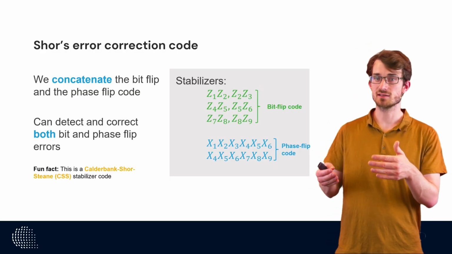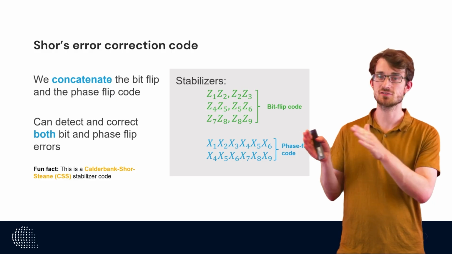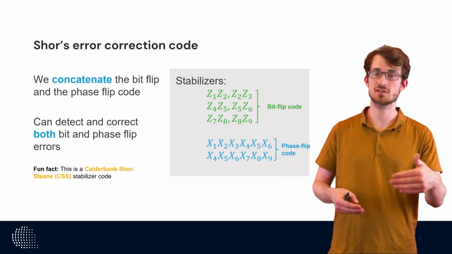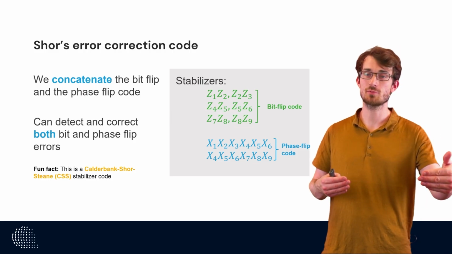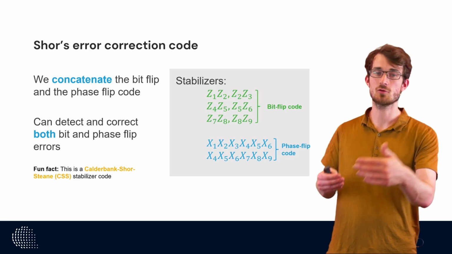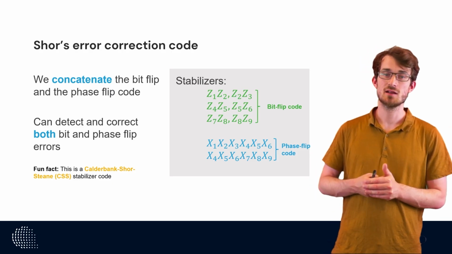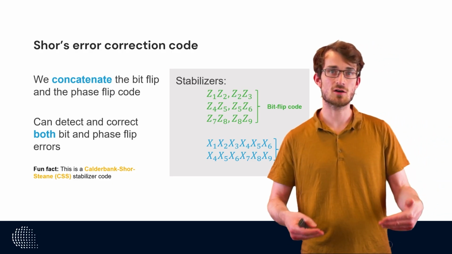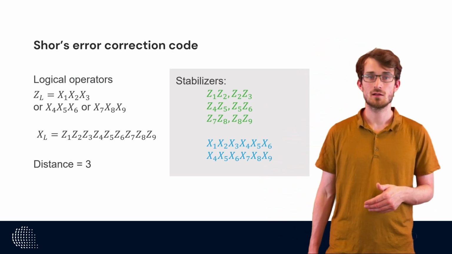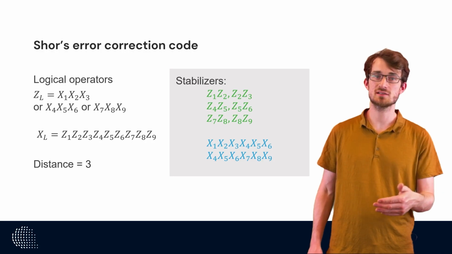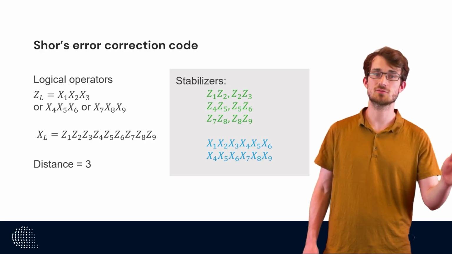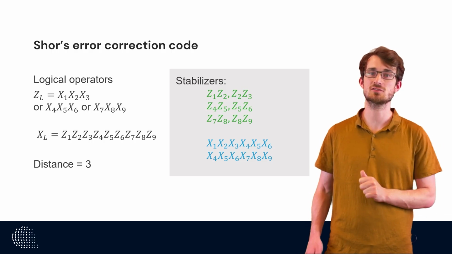You notice that these are all either products of Z or all products of X, and codes that have this construction, where we have bit flip-like stabilizer operators and phase flip-like operators, are called CSS codes, and they lend themselves to an easy interpretation of the logical states of the code. In this case, the logical X operator is, for example, either X1 X2 X3, or X3 X4 X5 X6, and so on.